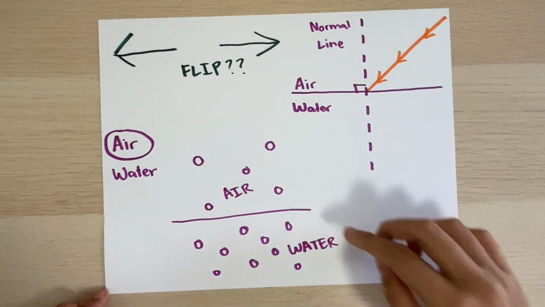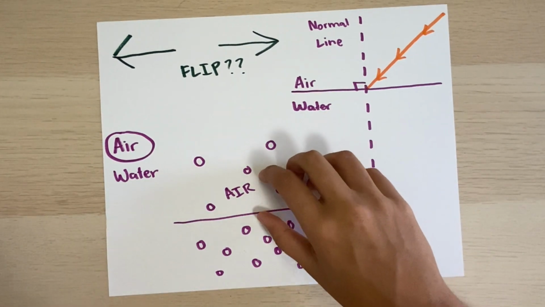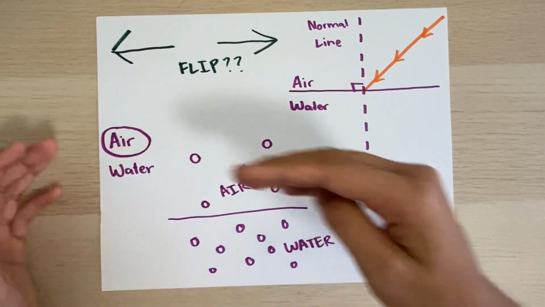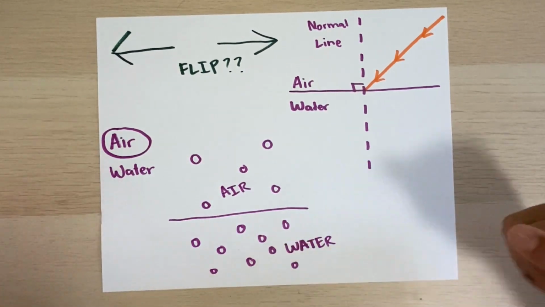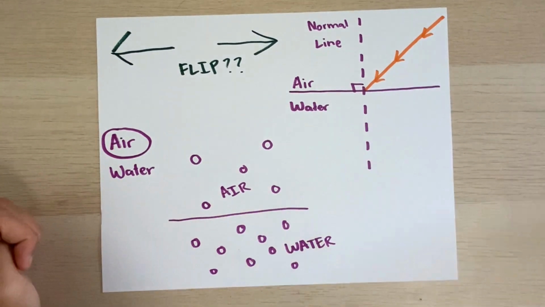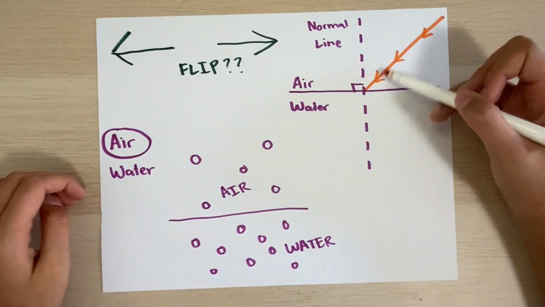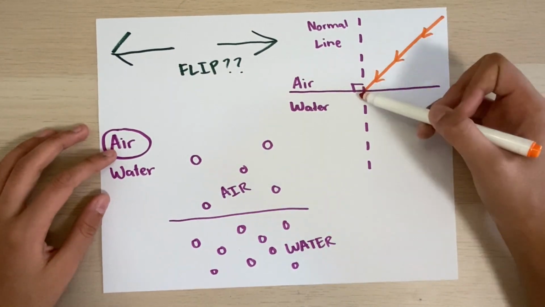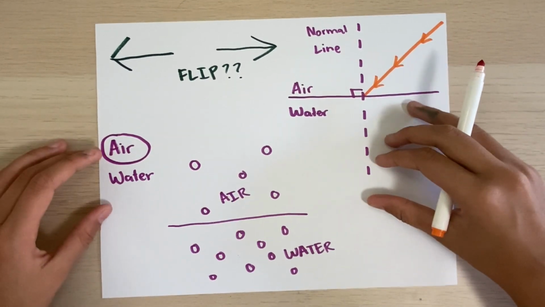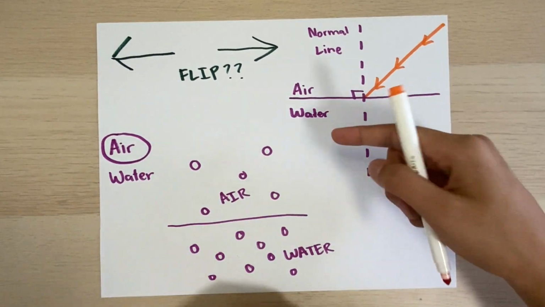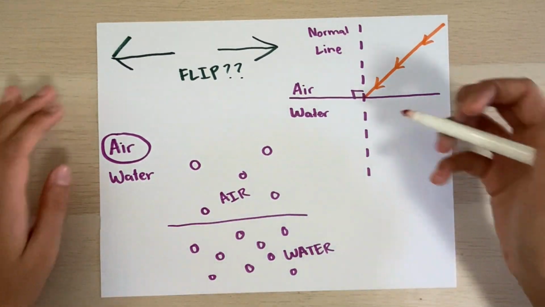So when we're walking through air, there is very little resistance, so we can easily walk through. But in water, there's more resistance, stopping us from walking, since water is more dense. So how does this affect the light? Well, light follows the same rules. When it travels through water, it's much more difficult for the light to travel through because there is more resistance, so it slows down.